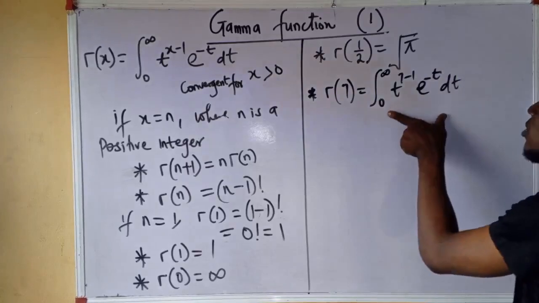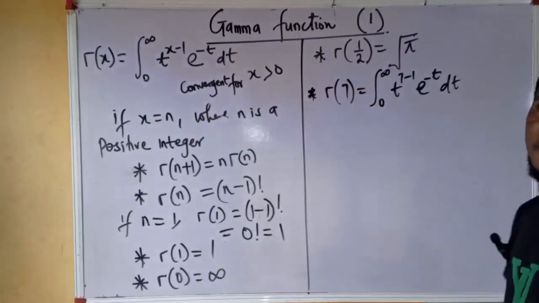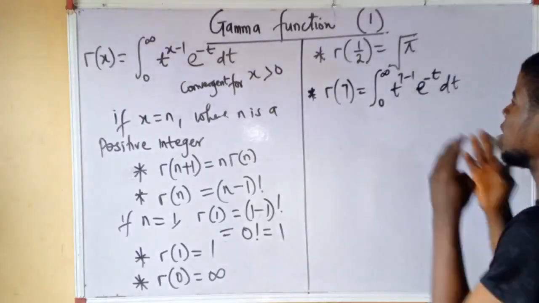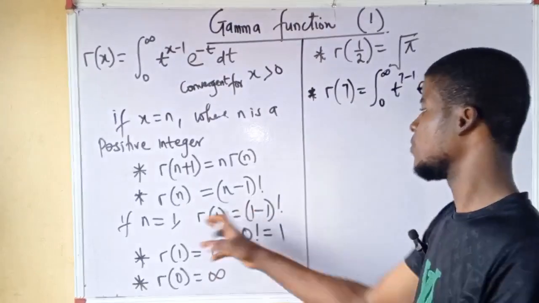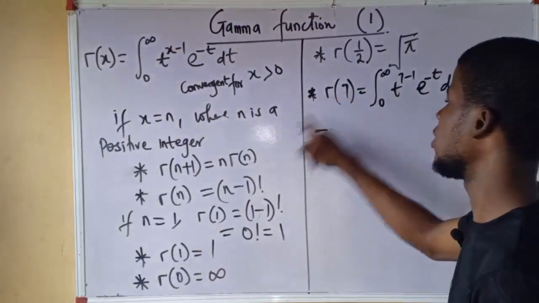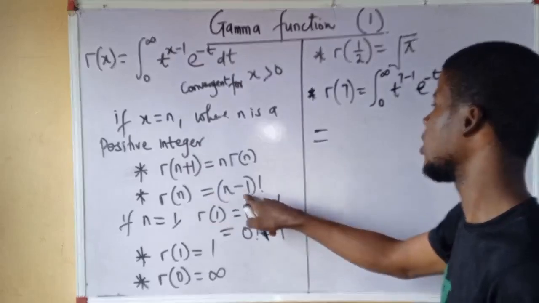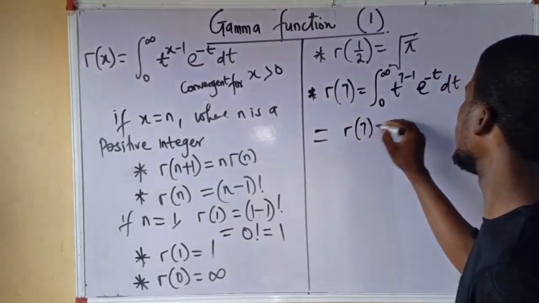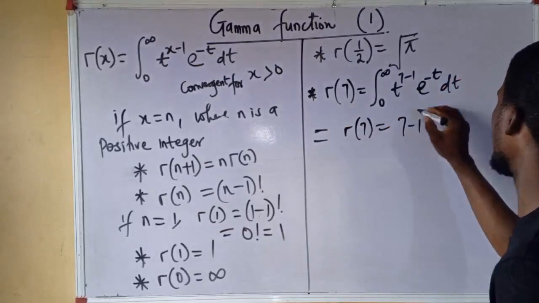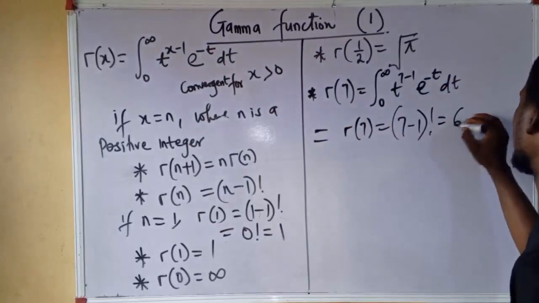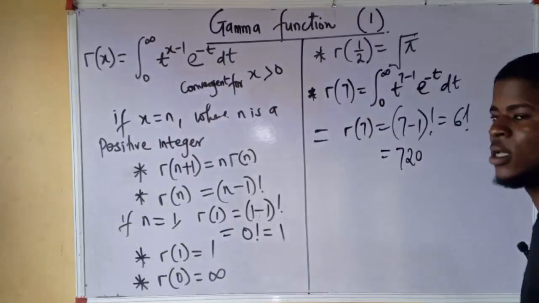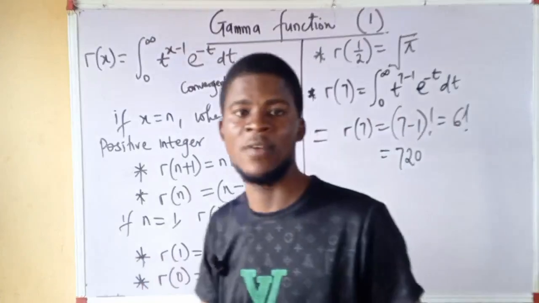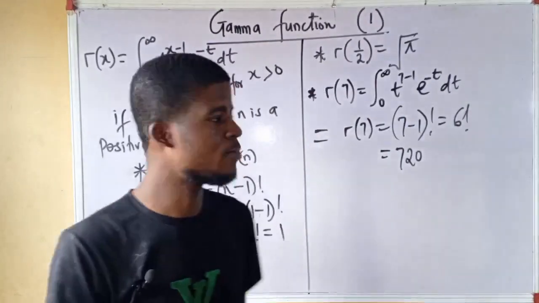If I evaluate this integral, I will get 720. But there is no need to evaluate this integral because I already have a formula for it. It's simple. Gamma of 7 is simply 7 minus 1 factorial, and that's 6 factorial.